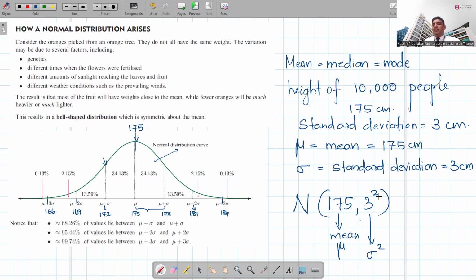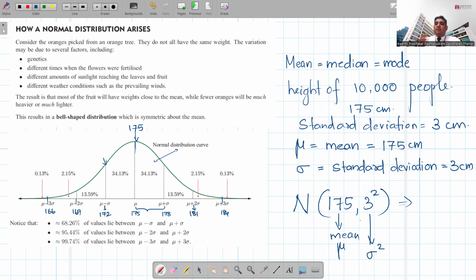So if 3 squared is given, you should consider that the standard deviation is 3. This is the standard notation for expressing a normal distribution. N bracket 175, 3 squared means the mean and the standard deviation squared.